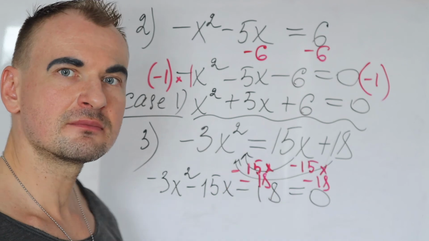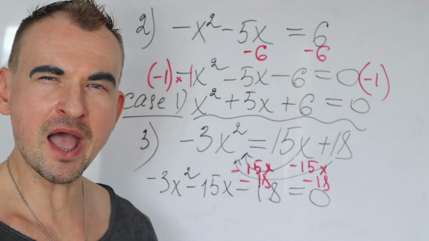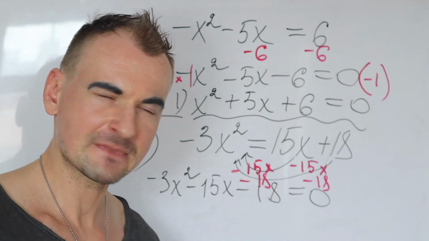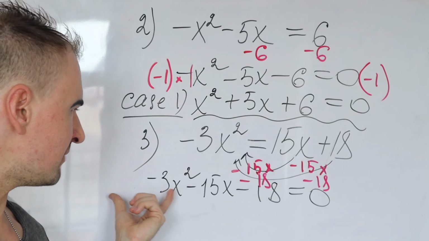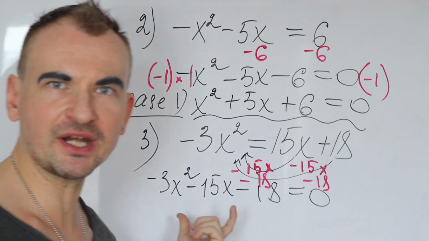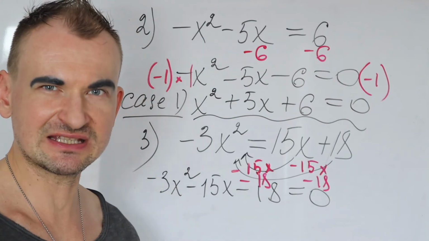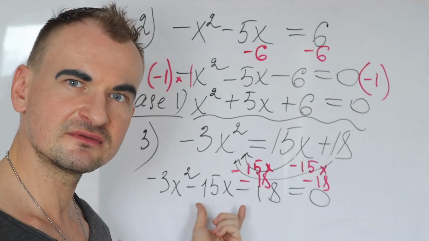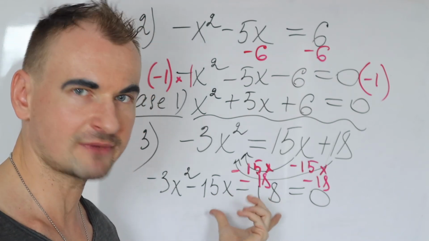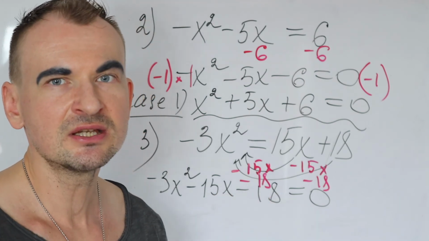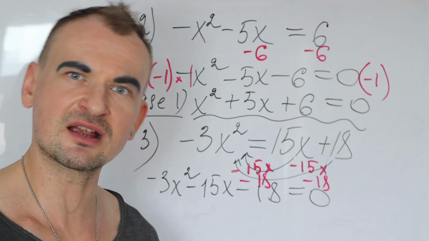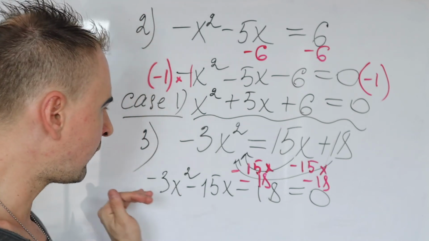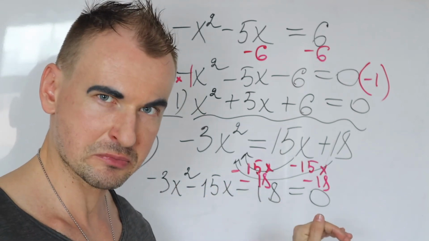All of them are divisible by 3. Meaning negative 3 or 3, it doesn't matter actually, is divisible by 3, 15 is divisible by 3, and negative 18 or 18. So 3 is a common factor of all of these terms.